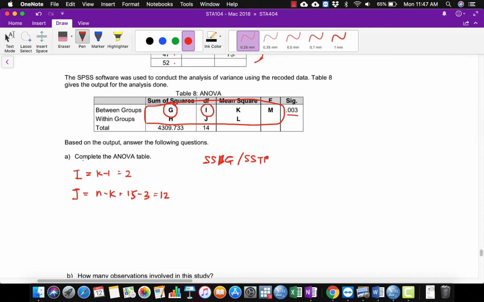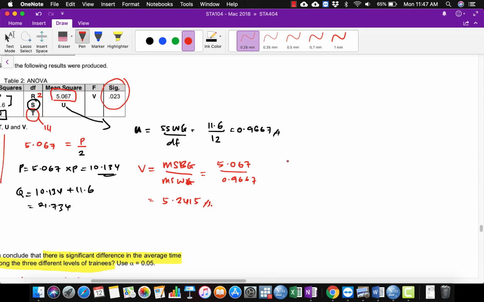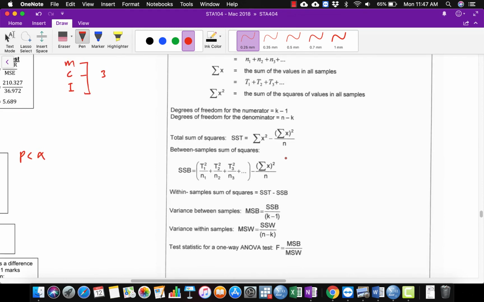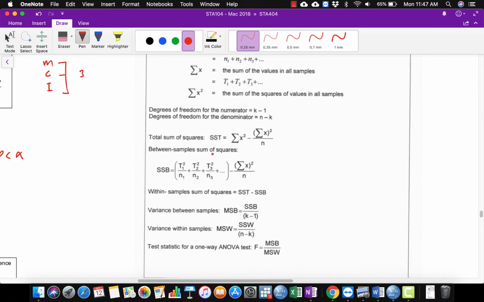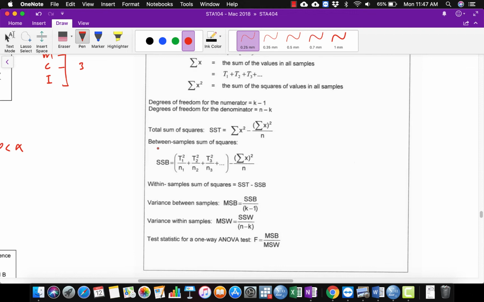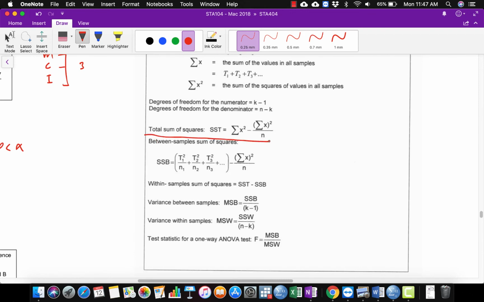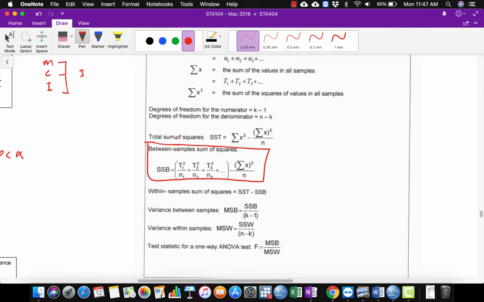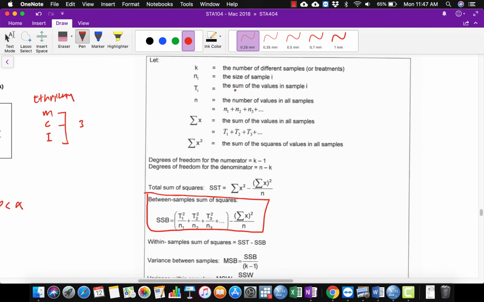Based on this formula, T is the sum of the sample, right?